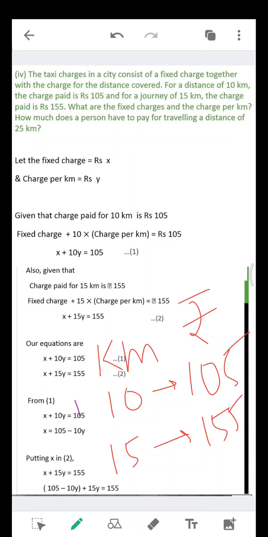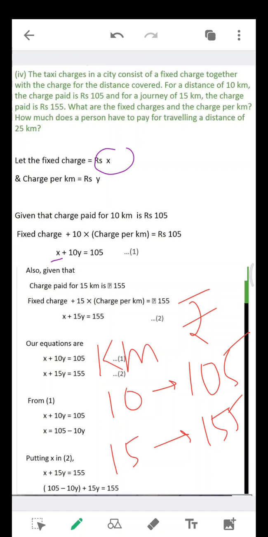Okay. Now first one, we'll go to the first case. In the first case, fixed charge plus 10 into charge per kilometer is 105, or you can say x, that is the fixed charge. The person has to pay fixed charge x, and how much he is traveling, according to that he has to pay extra charge.